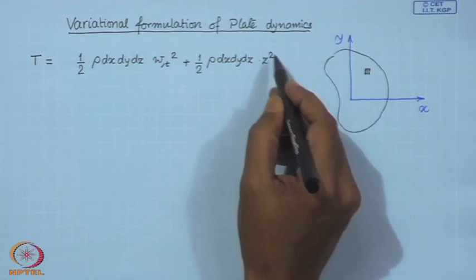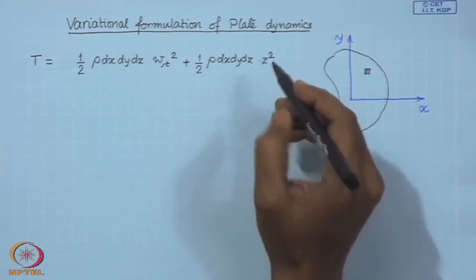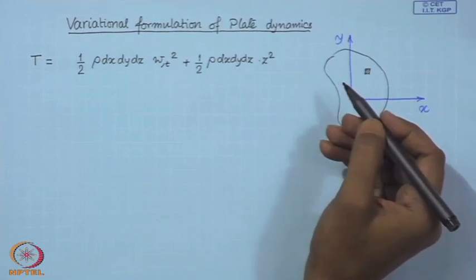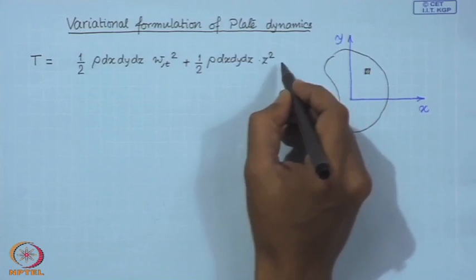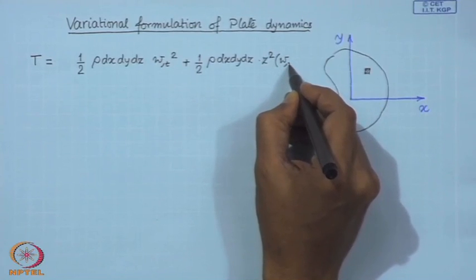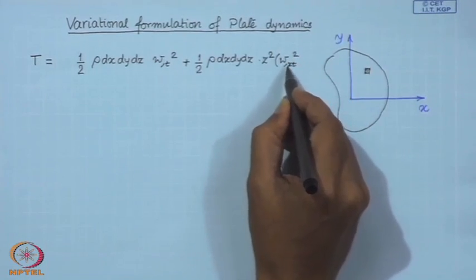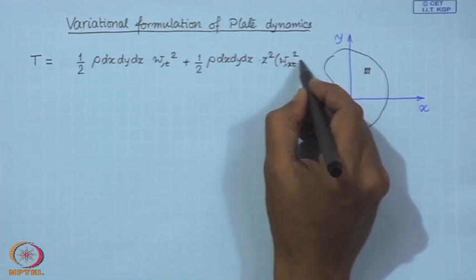That will give the moment of inertia of this little element at height z from the neutral axis times the angular velocity square. Now, angular velocity can be written as del w del x del t of del w del x whole square in the y direction.